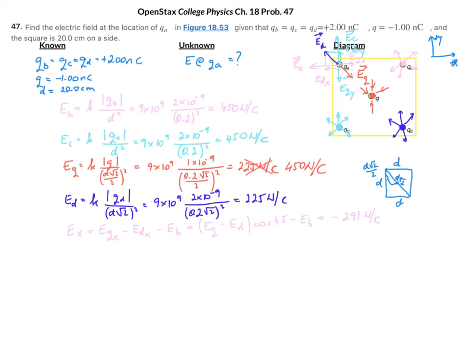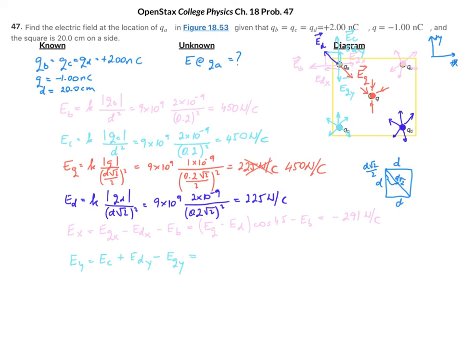Then in the y direction, we have E sub C going up, so E sub y is E C positive, plus E D y, minus E Q y.